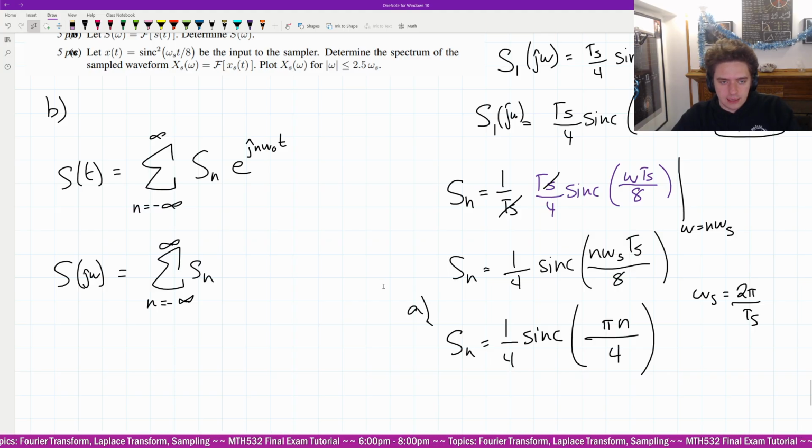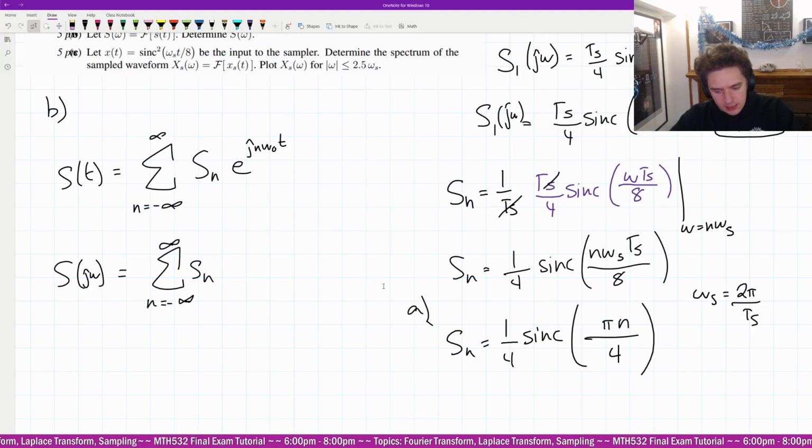Well, if you look at your Fourier transform table, there it is, number 8.